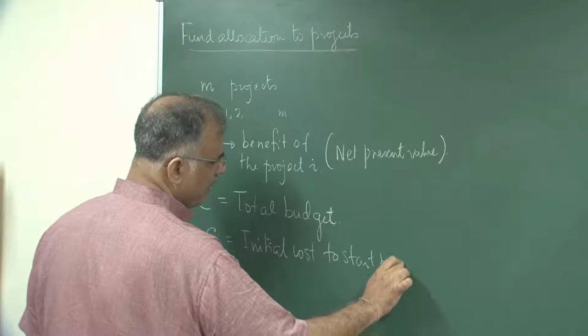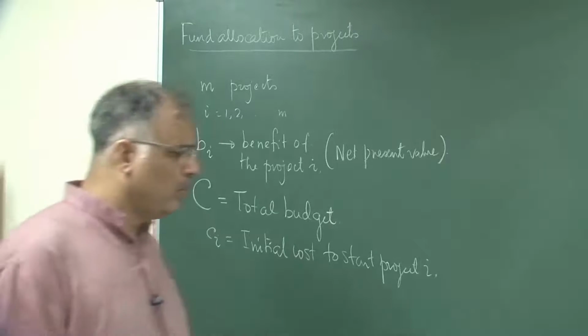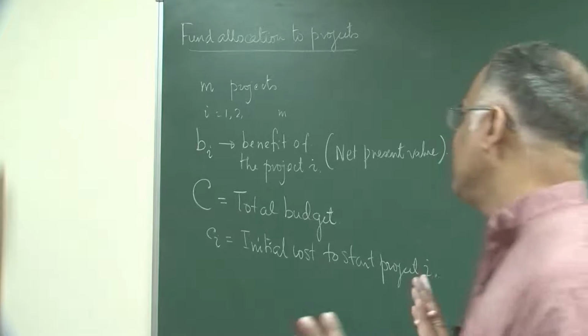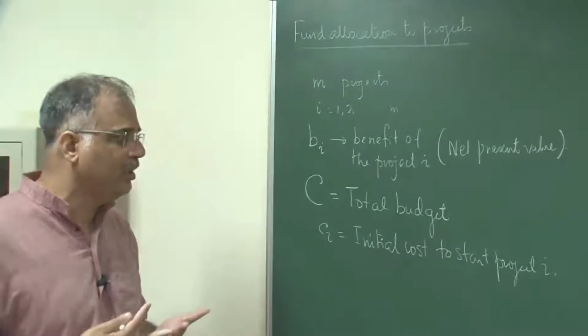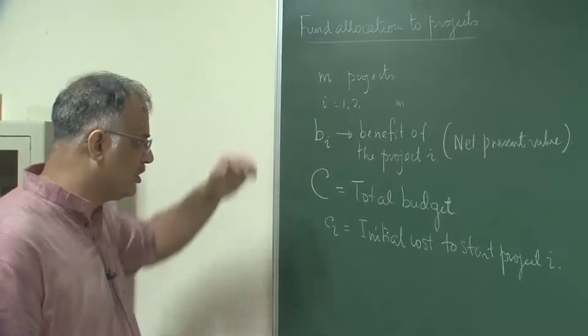That is what I am supposed to pay to project i if I have to start it. Now what is my objective? I want a scenario where my benefits are maximum. I only give money to those projects where I have maximum benefits. In fact, a government does this capital budgeting on a regular basis.